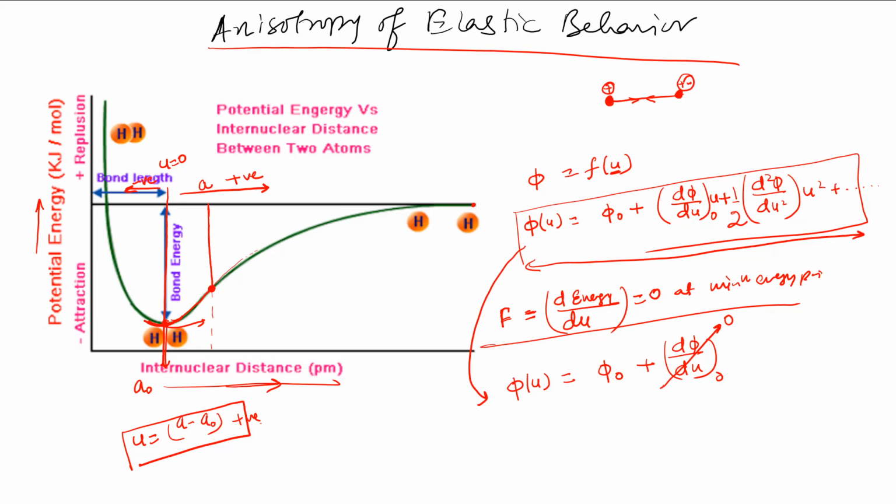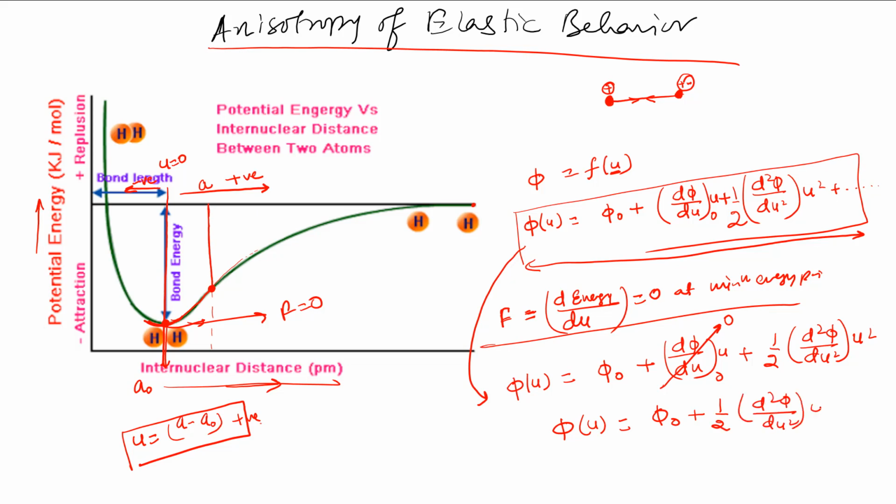Here F equals 0. Then plus half d2 phi by du square u square. So phi of u we can write as half d2 phi by du square u square.